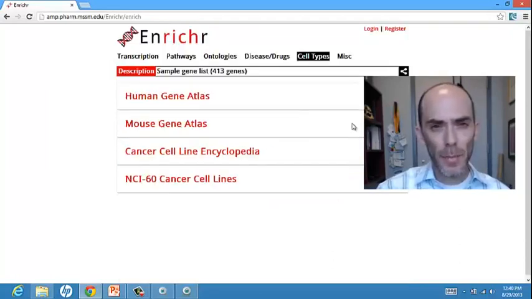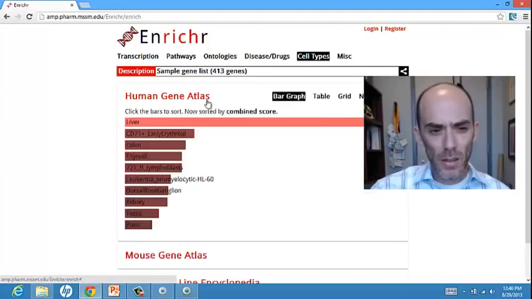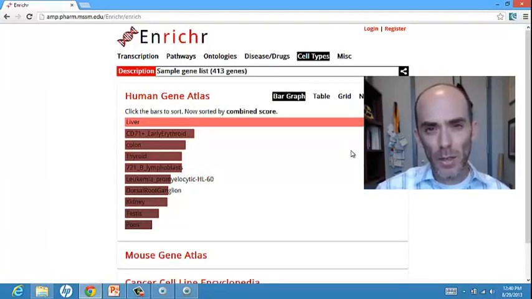The cell type category has genes that are highly expressed in various cell types. So the first two libraries are from the BioGPS human and mouse gene atlases. So those describe various tissues, for example, that were profiled with microarrays. And what we've done, we identified the genes that are highly expressed in each tissue.